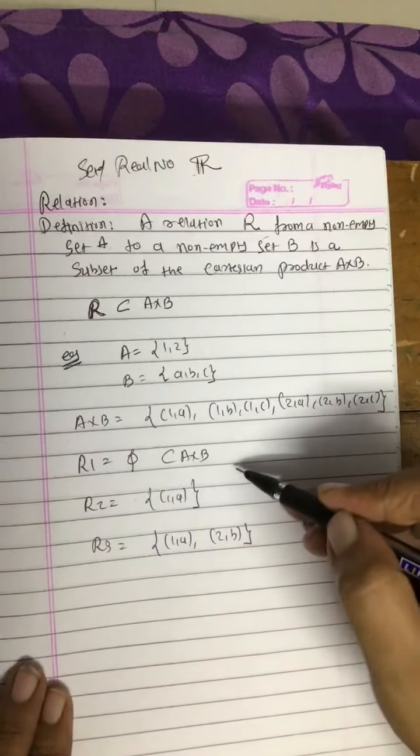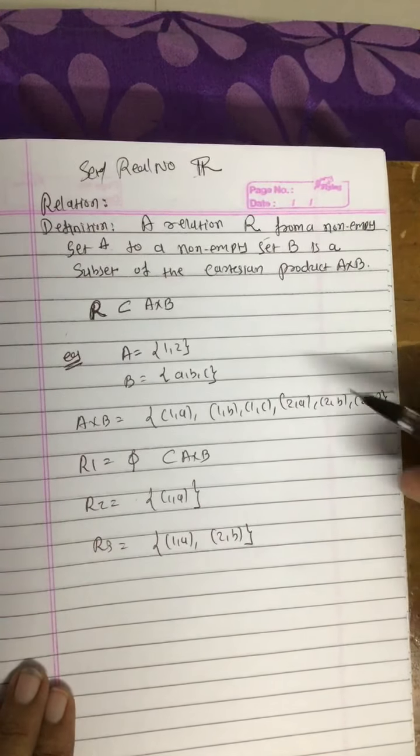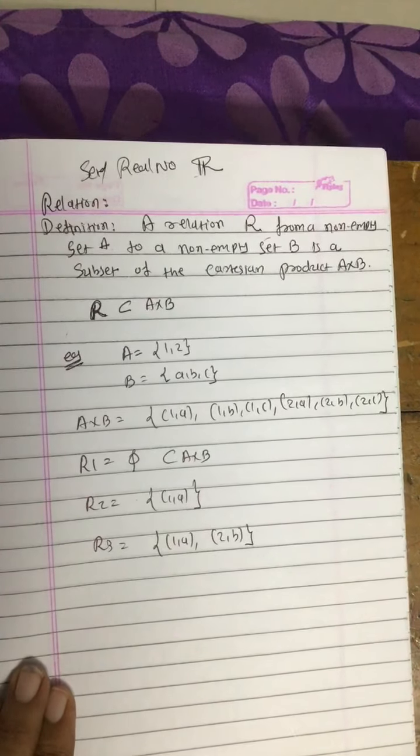Now you know that empty set is a subset of every set. So empty set is a subset of A cross B also. But any subset of A cross B is called a relation. Then phi, the empty set, is also said to be a relation.